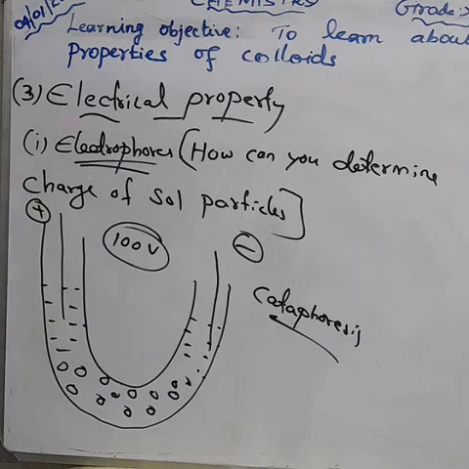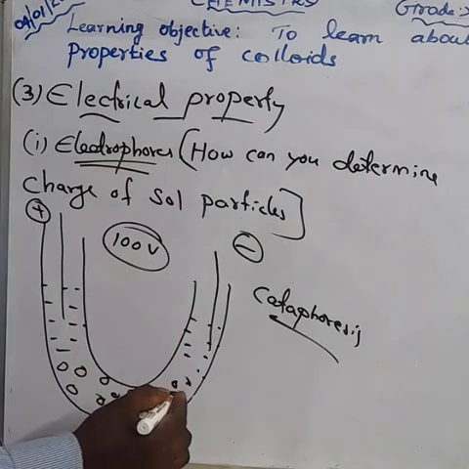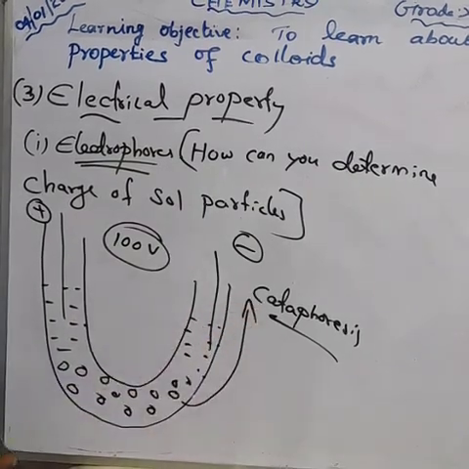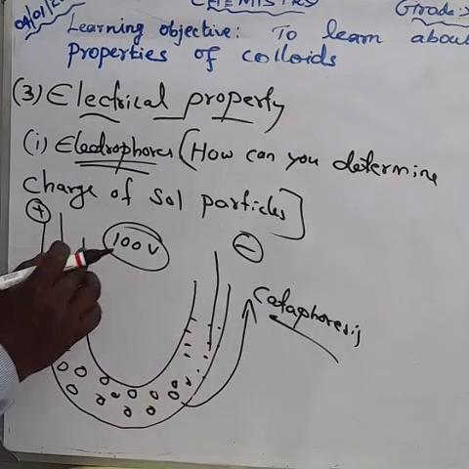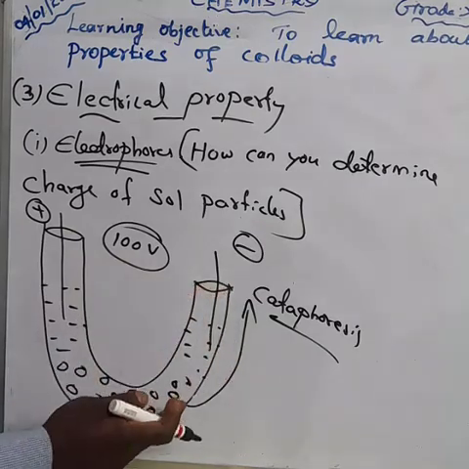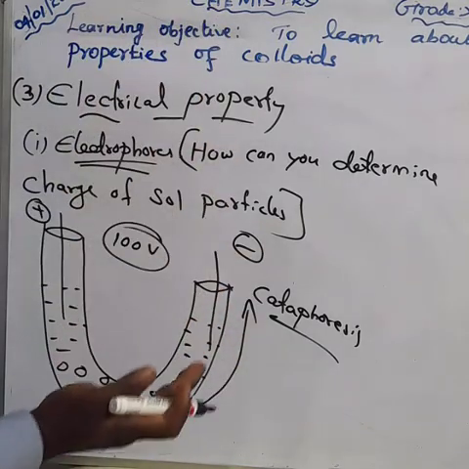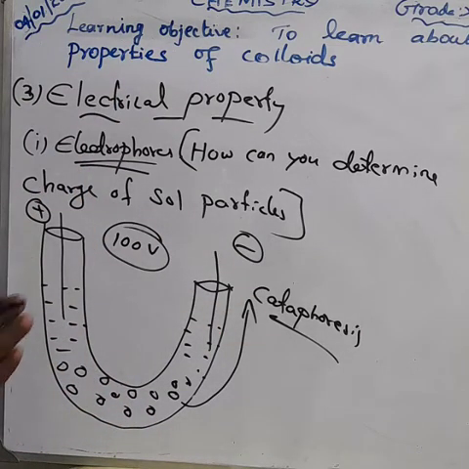Suppose the solid particles migrate to the cathode. We have two limbs, am I right? This is one limb. The level of this limb will rise. Rise means these solid particles possess a positive charge.